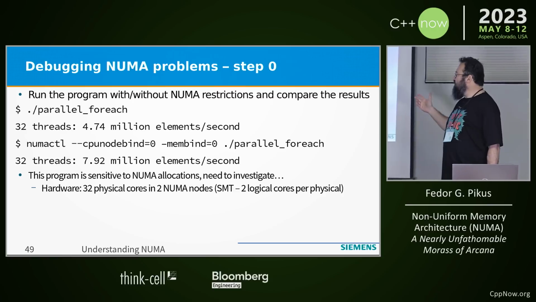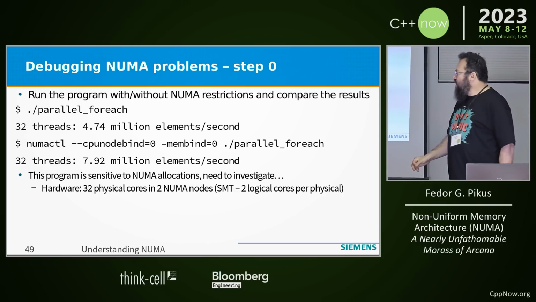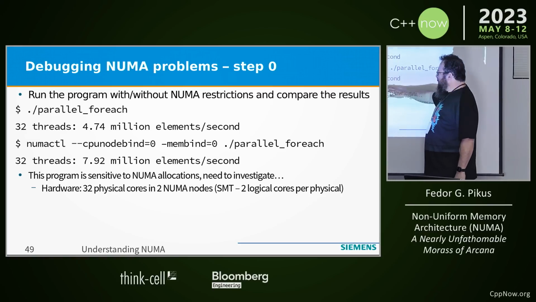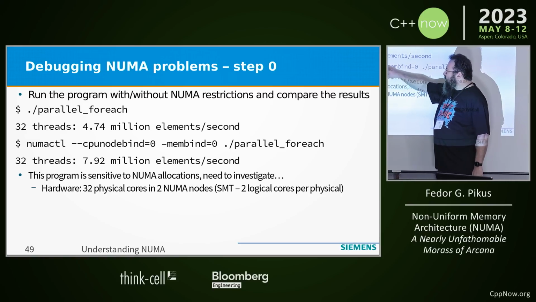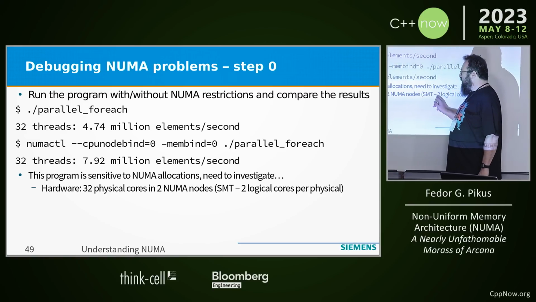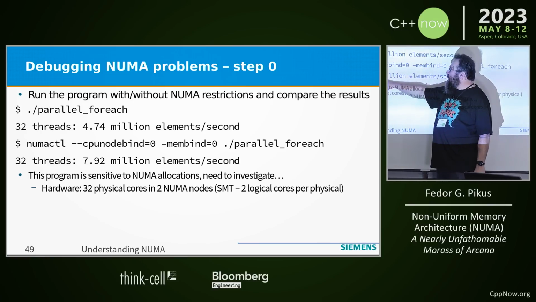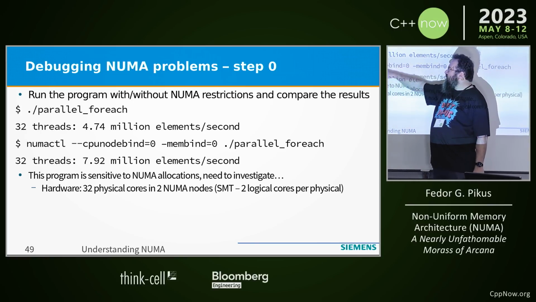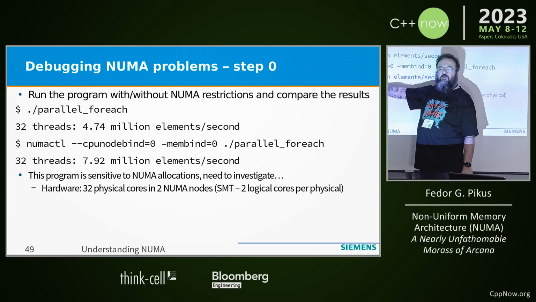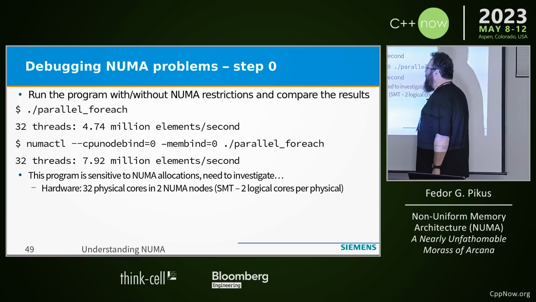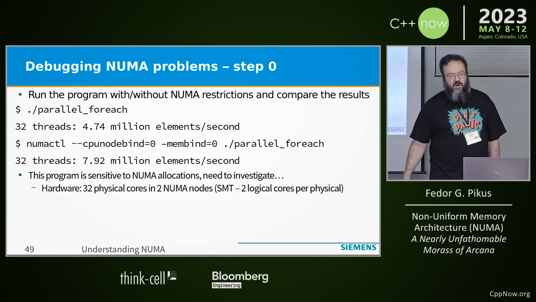Cross node allocation is really bad because it's compute intensive. I took away half of the CPUs, so the system has only 32 cores. So I took away half of the CPUs, which means I'm giving it half of the computation power, and it's still running twice as fast.